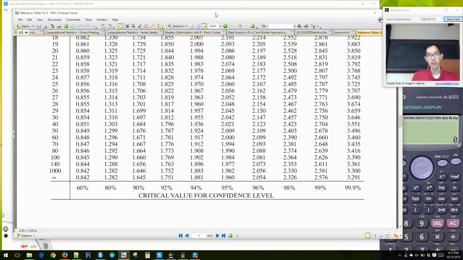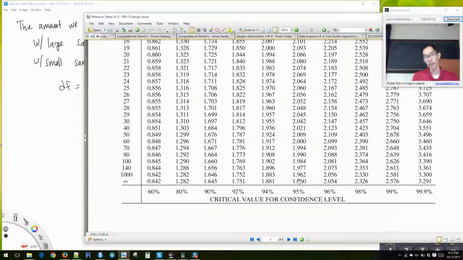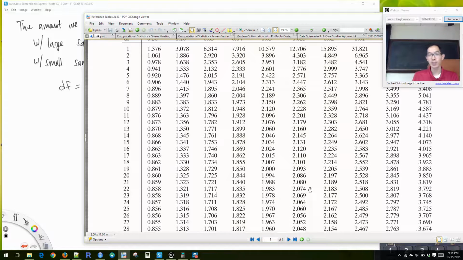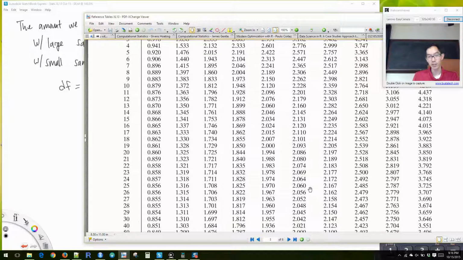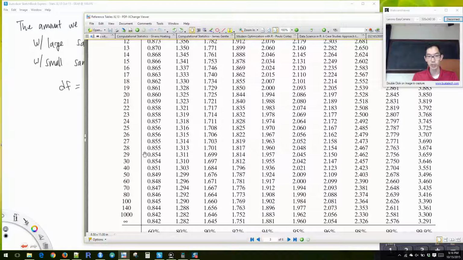So if we have a sample of size 1001, we would have 1,000 degrees of freedom, and I would have to compensate for our unknown s by just a tiny bit, using 1.962 rather than 1.960. But for everything else, let's say I had a sample size of 30, I would have 29 degrees of freedom, and instead of using 1.96, I would use 2.045.